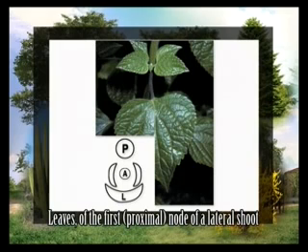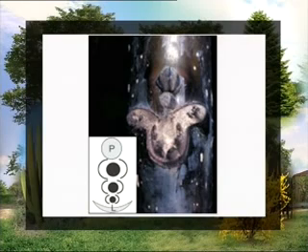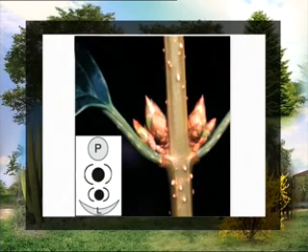The resulting lateral branch is characterized by the presence of one or more prophylls, which are the first foliar organs of the lateral axis. In some plants, there are at a single leaf axil more than one axillary meristem, which are then called supernumerary or accessory buds.